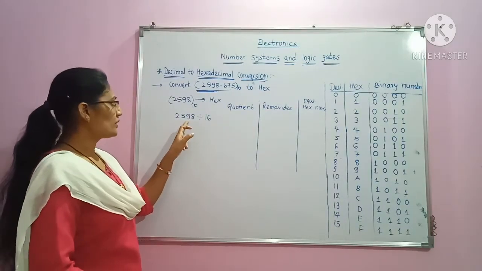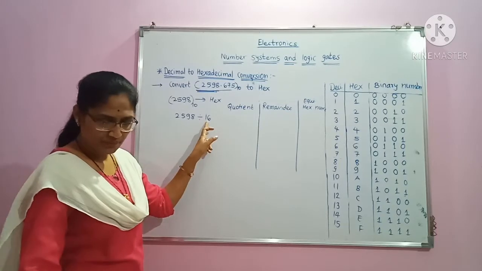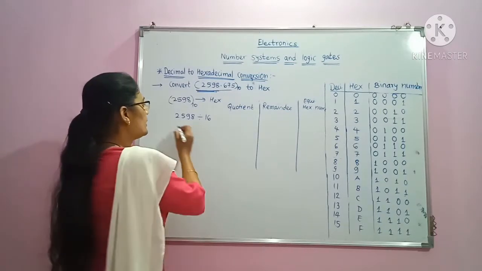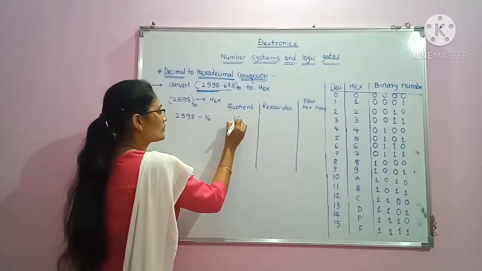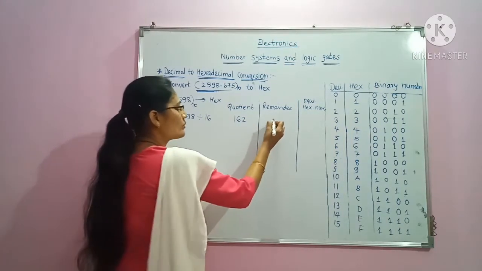So in the first step you have to divide it by 16. When you divide it by 16, the quotient comes out as 162 and the remainder comes out as 6.